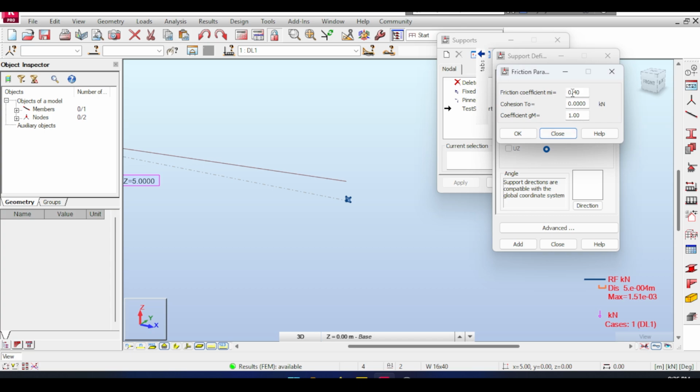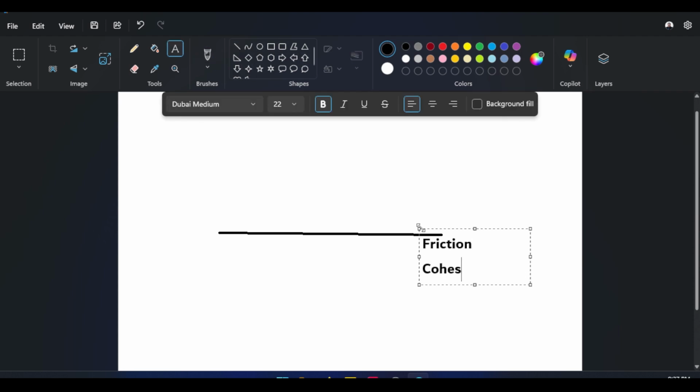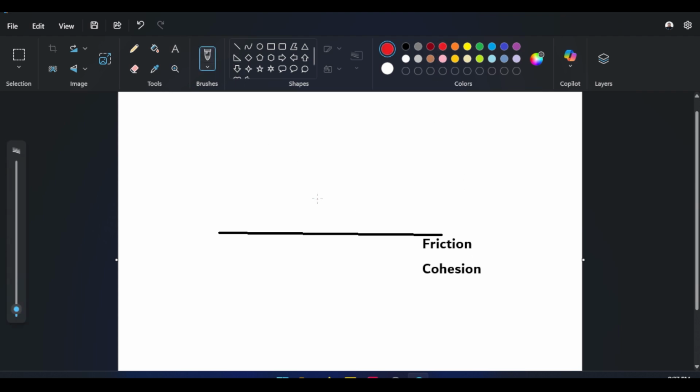It has a friction coefficient mu, and if you remember from physics and soil mechanics, both actually, if you have a surface, then this surface has friction, and it has cohesion in soil mechanics here. Of course, the friction will result in a reaction. How do you get the reaction?